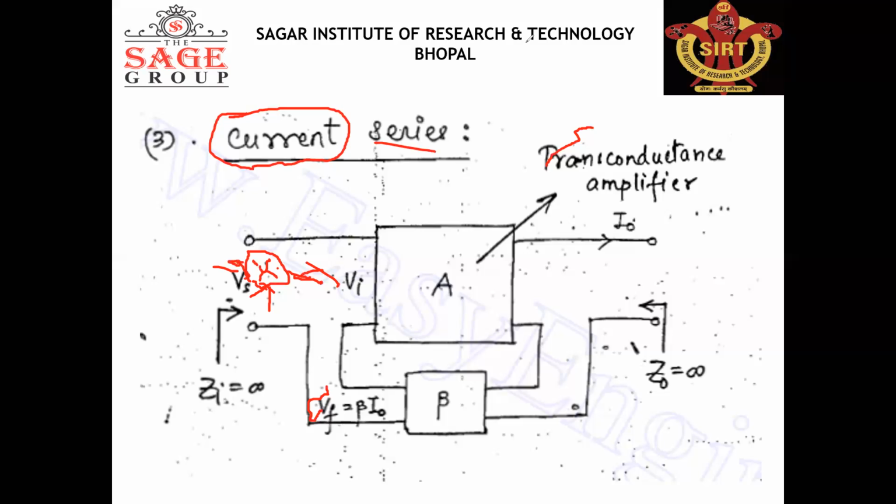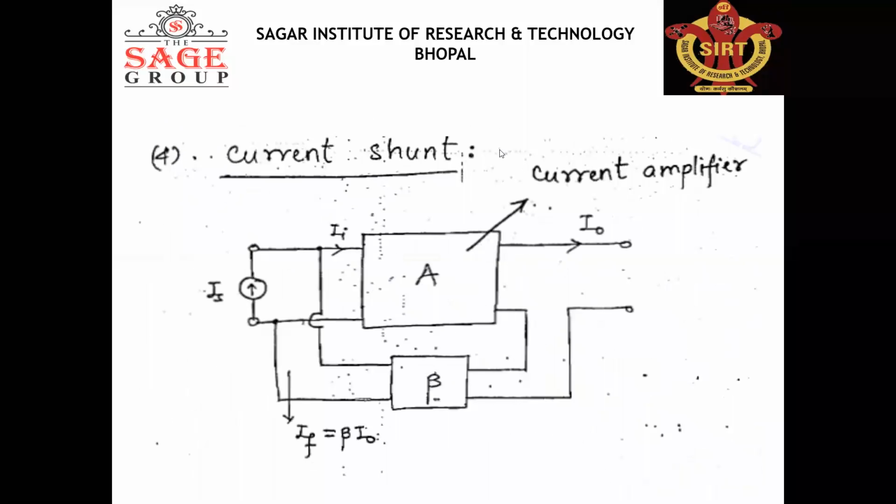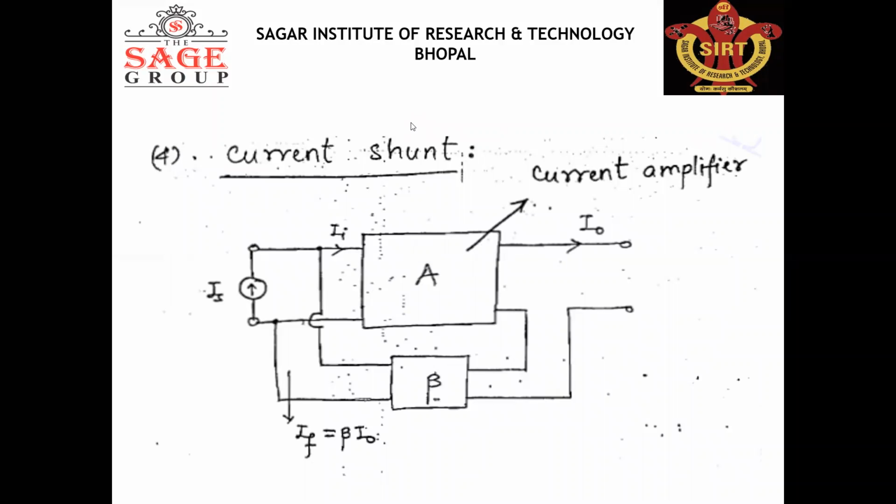Again, current shunt feedback. Here the sampling is current again. If the sampling is done in the form of current, the amplifier and the feedback should be connected in series, and this is the shunt connection. So the second word is shunt.